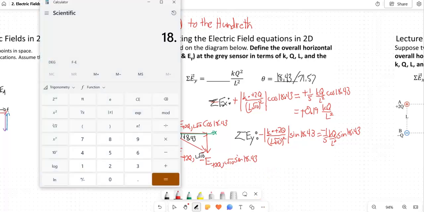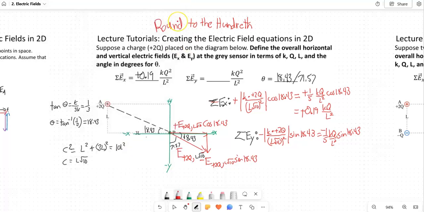So 18.43 second function sine divided by 5 equals 0.06. So this guy is going to be equal to -0.06 KQ over L squared. And that is your answer.